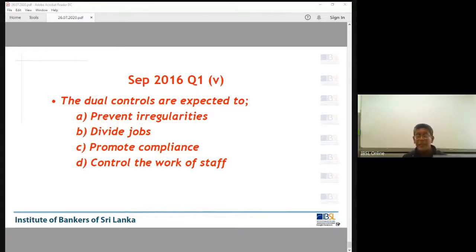Now in question number 6, we have to change a little bit: supervision of banks. You need to write not covered, right? Supervision of banks not covered.